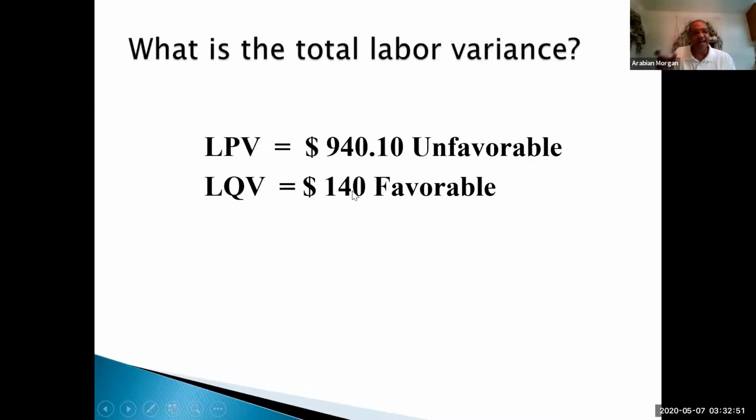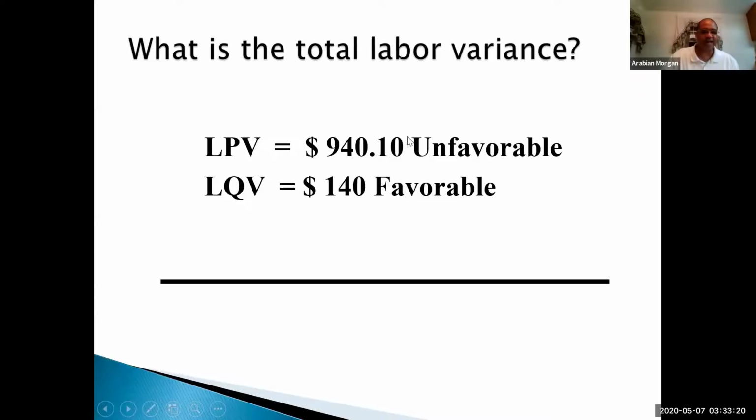Now, the tag that I put on the final number after subtracting these will go to whichever line item had the largest dollar amount. In this case, $940.10 is larger than $140, so the total variance will follow the sign of the $940.10, so unfavorable.